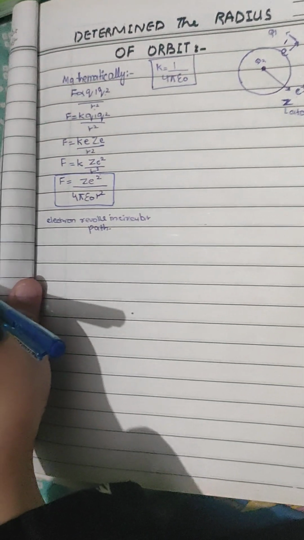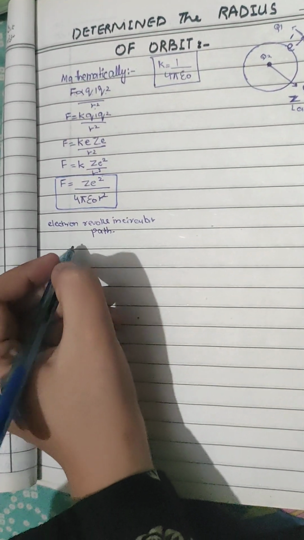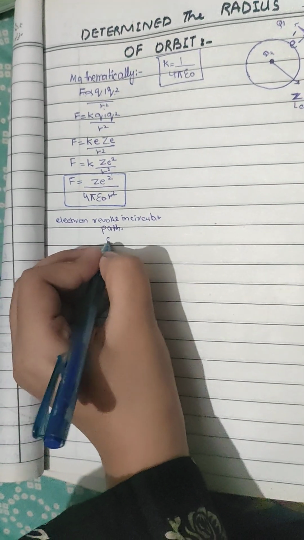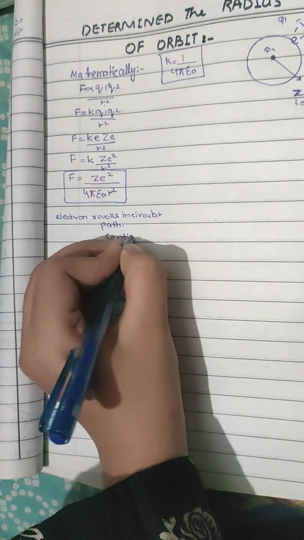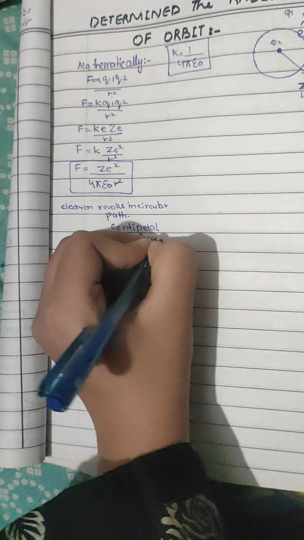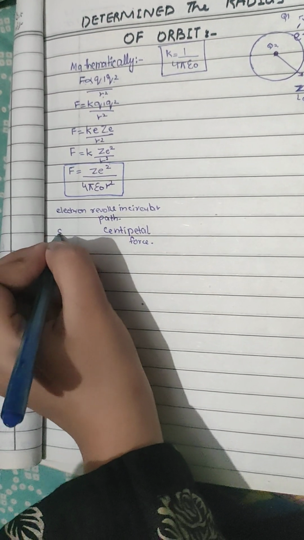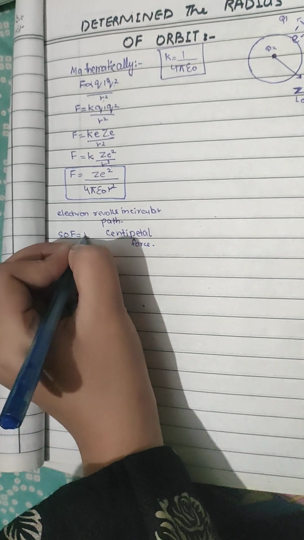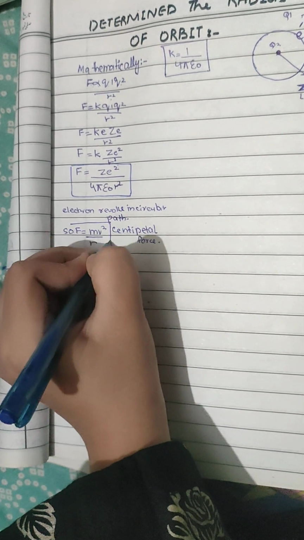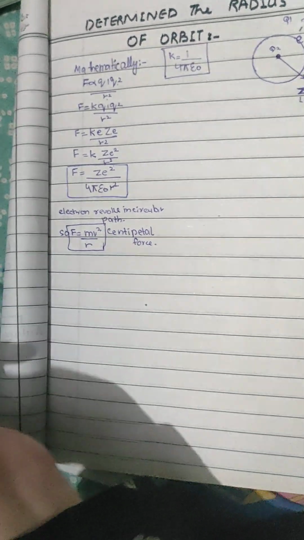Right, the electron revolves in the circular path. Now the force which is applying here is the centripetal force. So the formula of centripetal force is F is equal to mv square upon R. This was the centripetal formula.